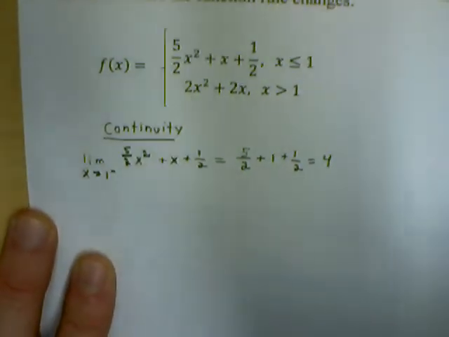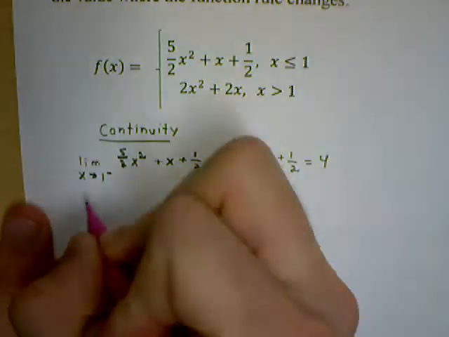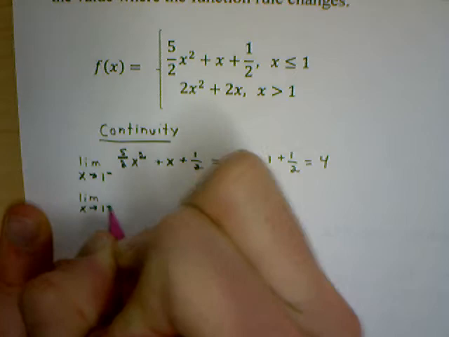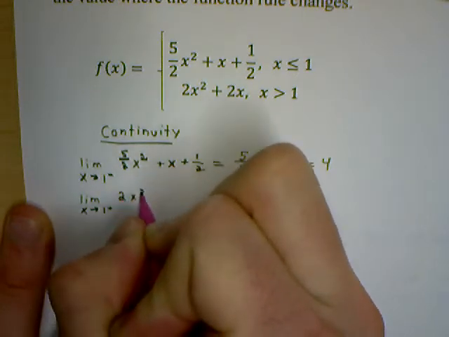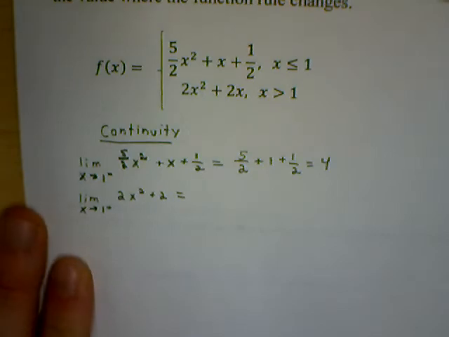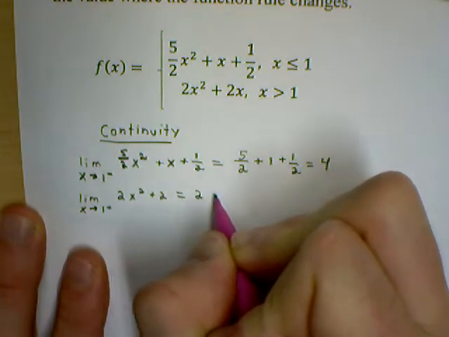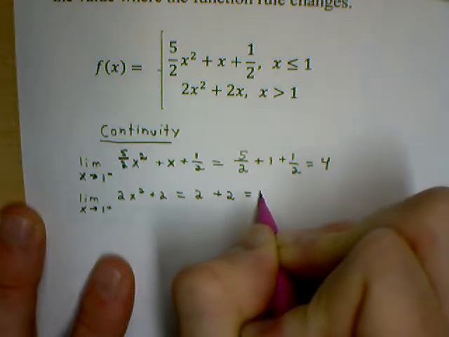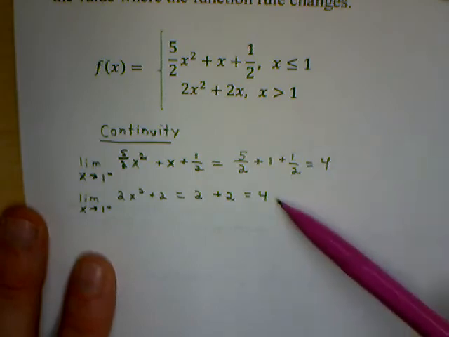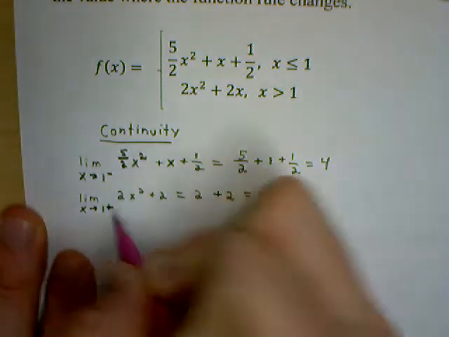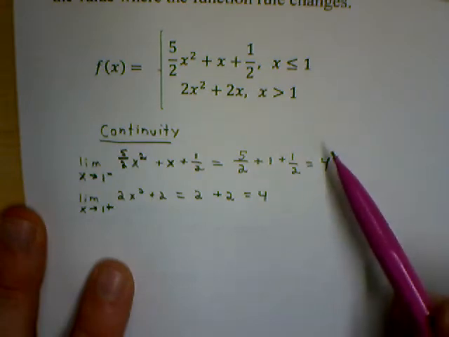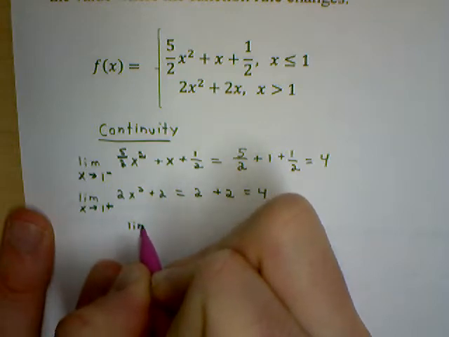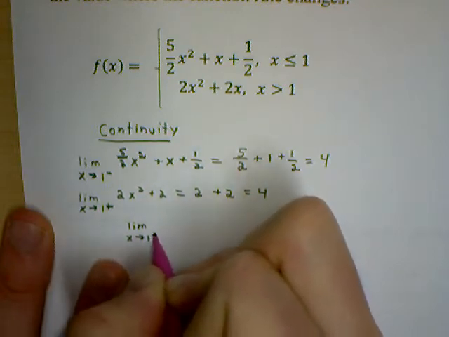Now, the next thing I'm going to do is check the right-hand limit, because for continuity, you check limits. All right, when I plug in 1, I have 2 times 1 squared, that's 2 times 1, plus 2, and that gives me 4. The left-hand and right-hand limits are equivalent, so yes, the function is continuous.